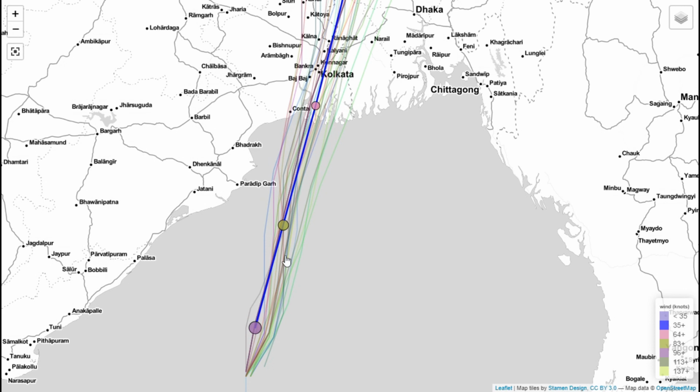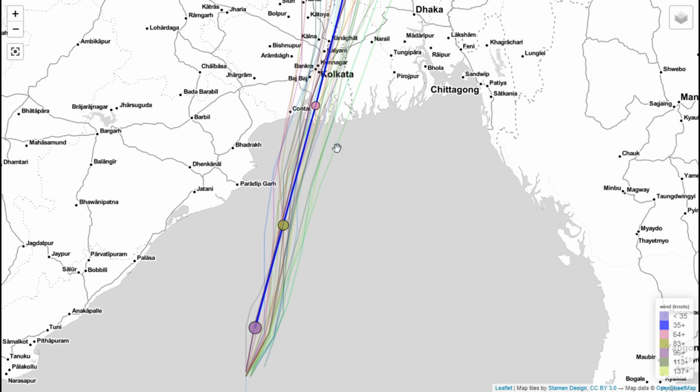As it moves towards the Indian mainland from deep within the Bay of Bengal, it's getting spread out. See, the diameter here is much greater than here. So that means it's being spread out, and in this way, it's getting closer and closer to the mainland.